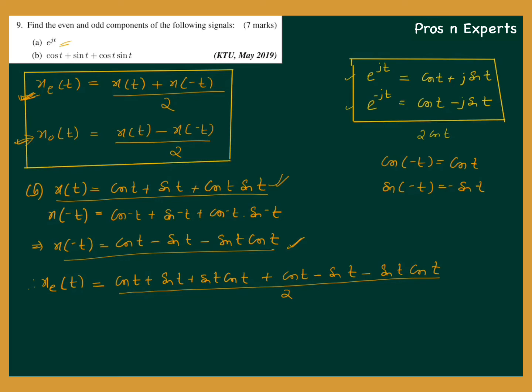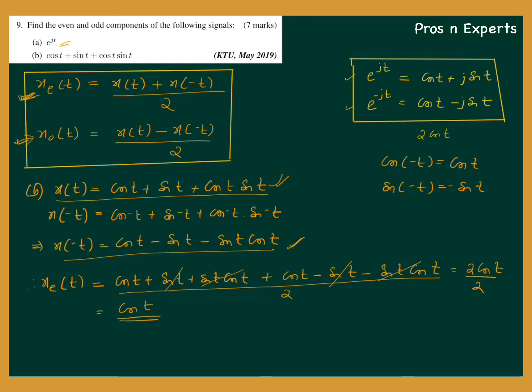The sin t and sin t cancel, and this term also gets cancelled with that. So you will get 2 cos t by 2, which is equal to cos t. So the even part of the signal is just cos t.